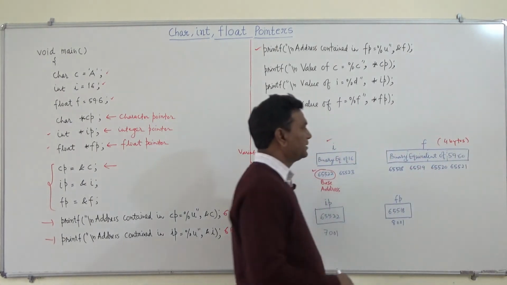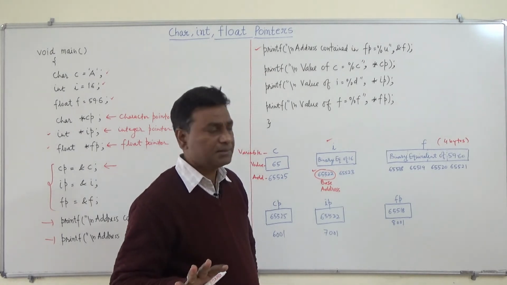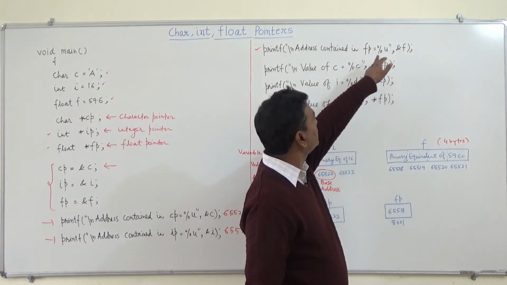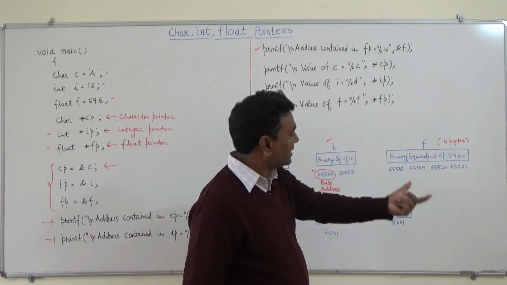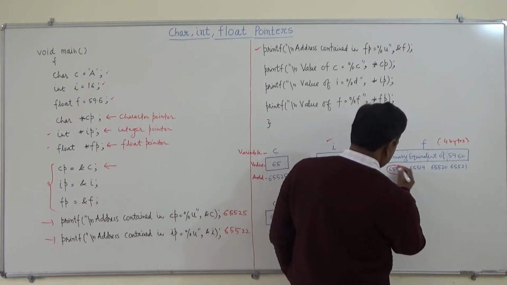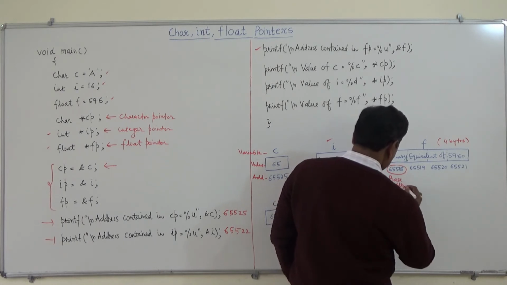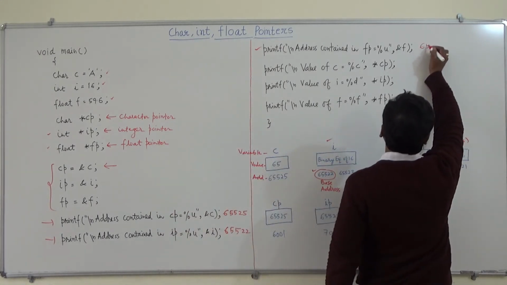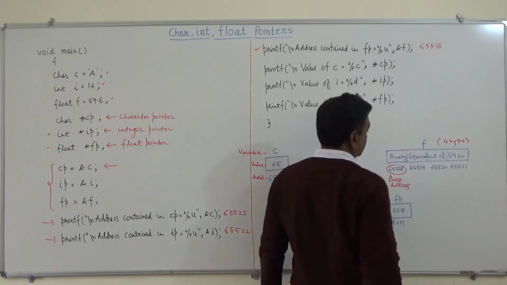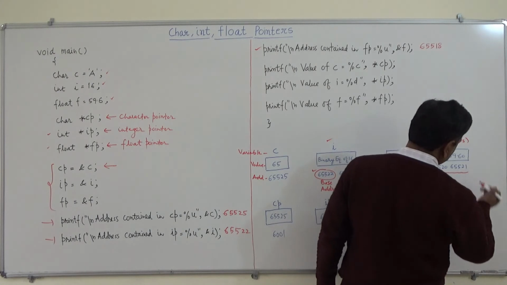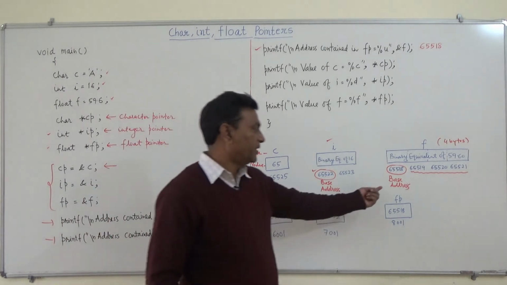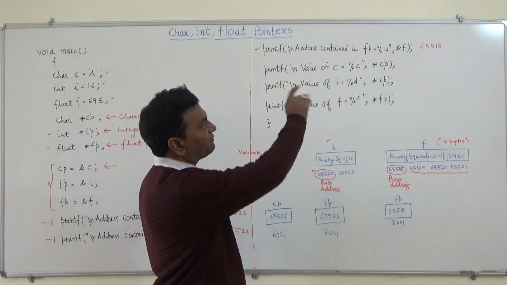It means it will have 4 addresses in the memory, but this float pointer will store this particular address, the first address, the base address. So it will print 65518, and the other 3 are left. So the float pointer will store only the base address, and this 65518 is printed.